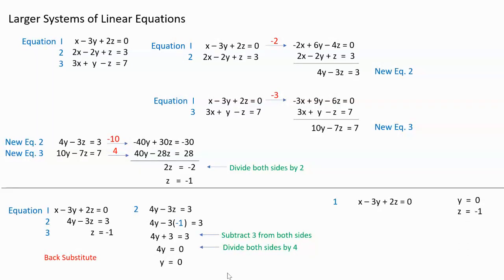I know that y equals 0 and z equals negative 1. So I'm going to plug them into equation 1. So y is 0 and z is negative 1. So it's going to give us x minus 2 equals 0. We add 2 to both sides. So x equals 2. So this is my solution: 2, 0, negative 1.